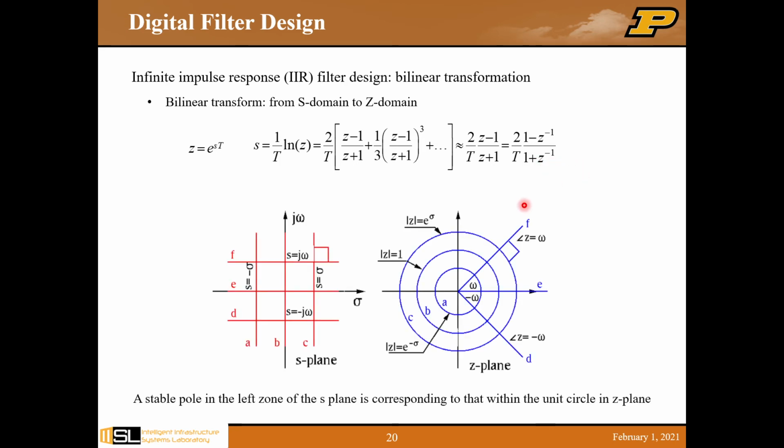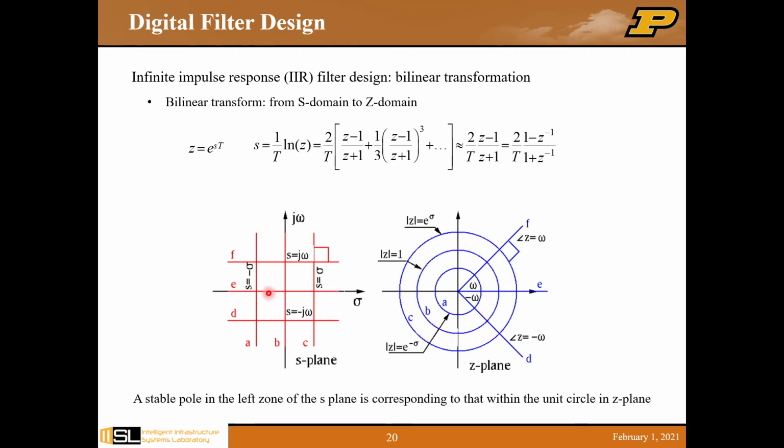To visualize the relation between these two domains, you can see that the points on the imaginary axis are projected to the points on the unit circle, which is curve B here.